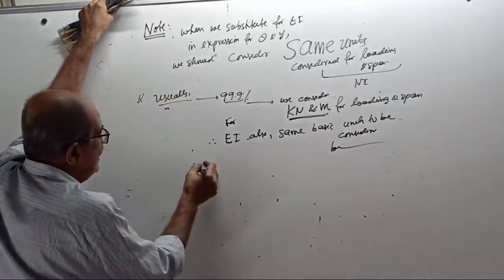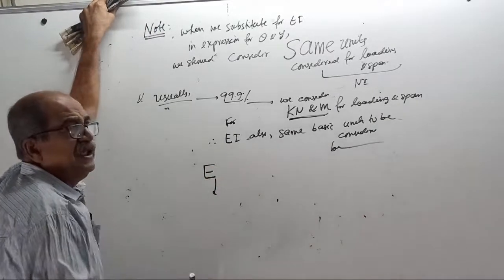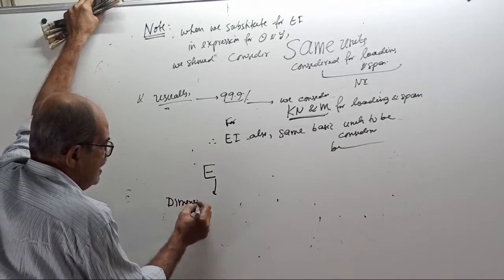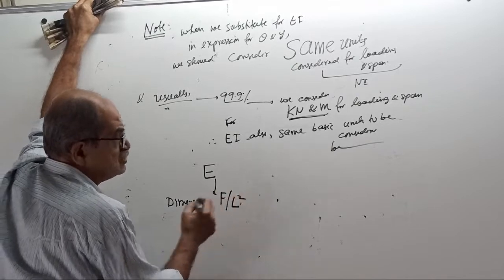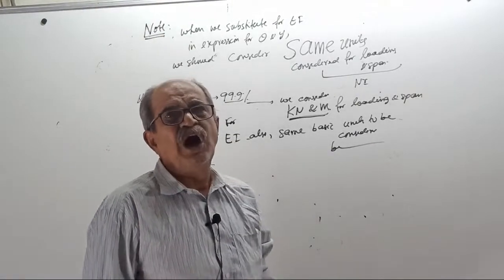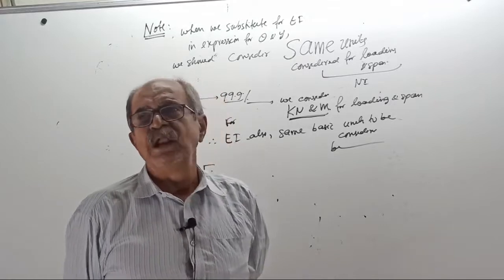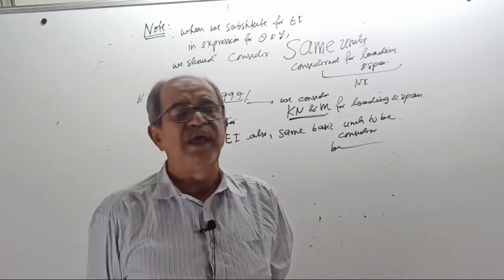Now remember, E is modulus of elasticity. Dimensionally, E is force per distance square. This I told you long back in the stress strain chapter. I won't repeat. Like Newton per mm square, Newton per centimeter square, kilonewton per meter square, etc.